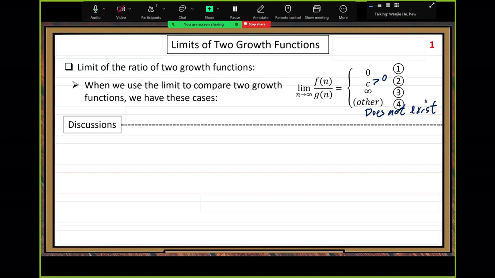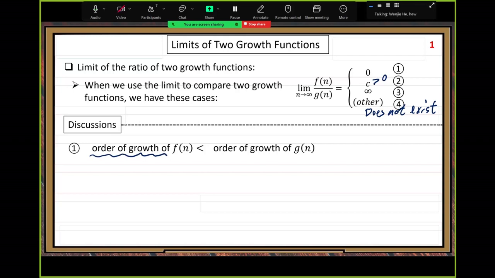So we want to use some concept to describe it. We need to use a special concept to describe how fast a growth function grows. So the first concept we want to use is the order of growth.